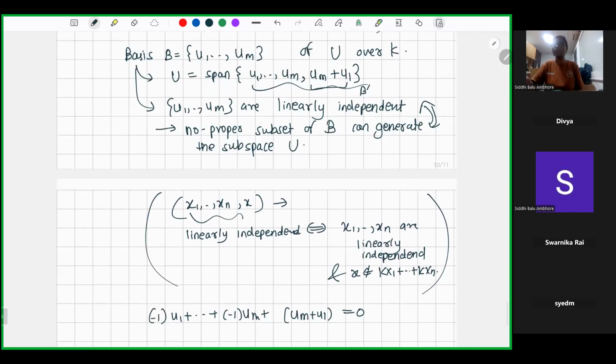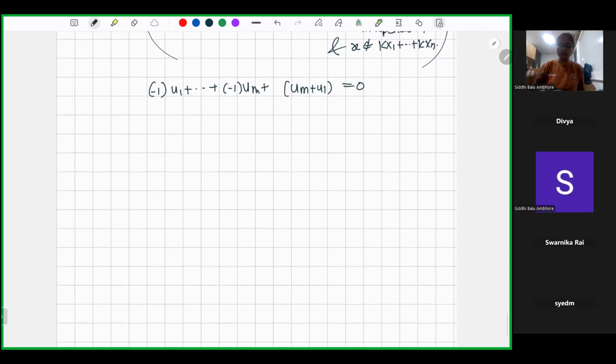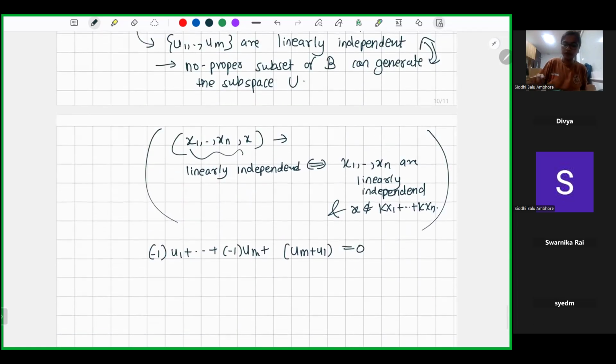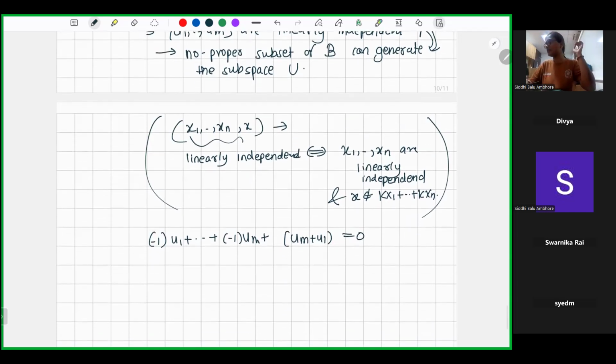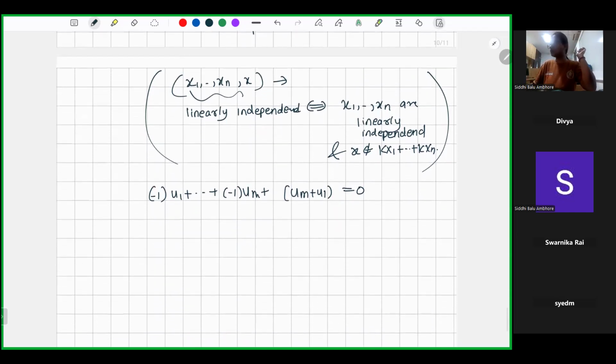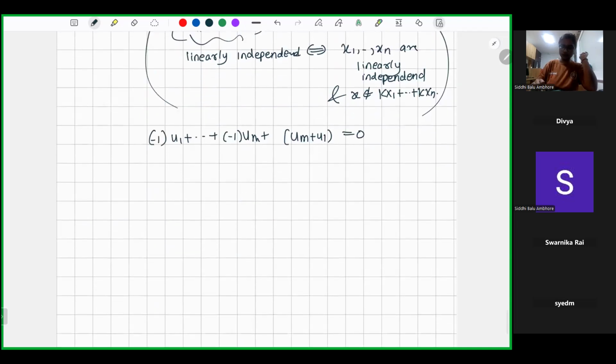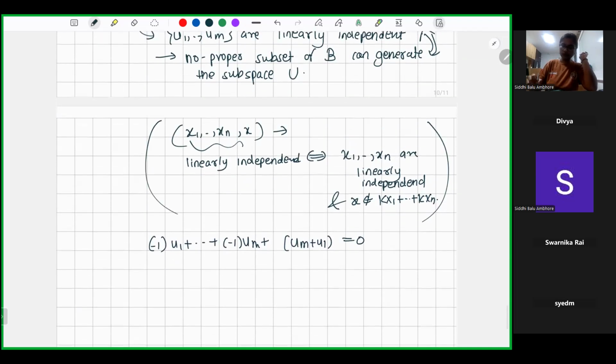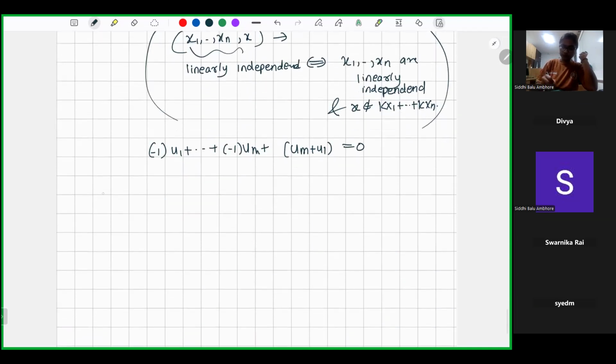So this is not a linearly independent set. So linear independence can also be looked at as minimality of generation, the minimal set which would generate my subspace. Okay, I hope that is clear what I said so far. So let us look at how to solve it. So let us start.